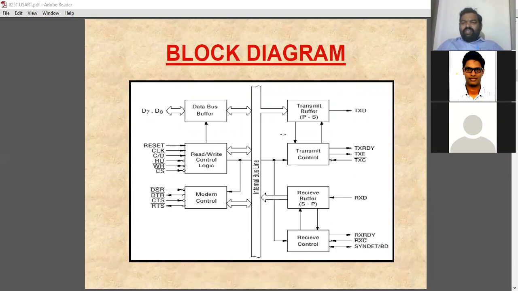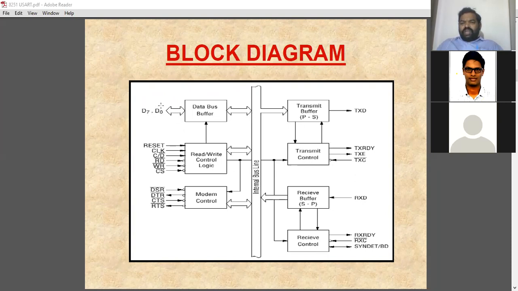With the help of this, the 8251 will sit on the motherboard of the CPU, whether it is in a laptop or a desktop. Very near to the microprocessor, this 8251 will sit, and it will take the data from the processor.